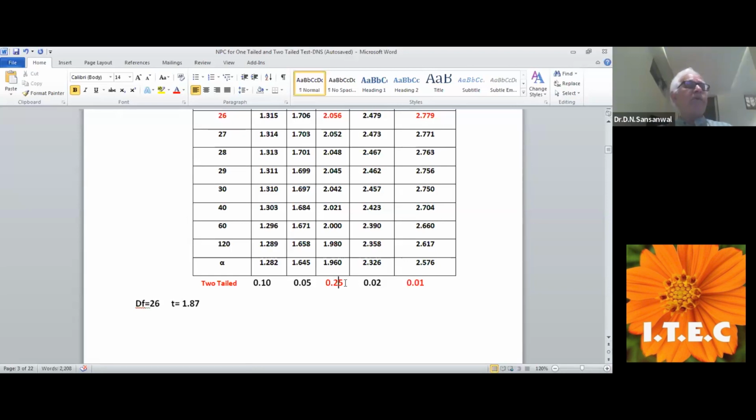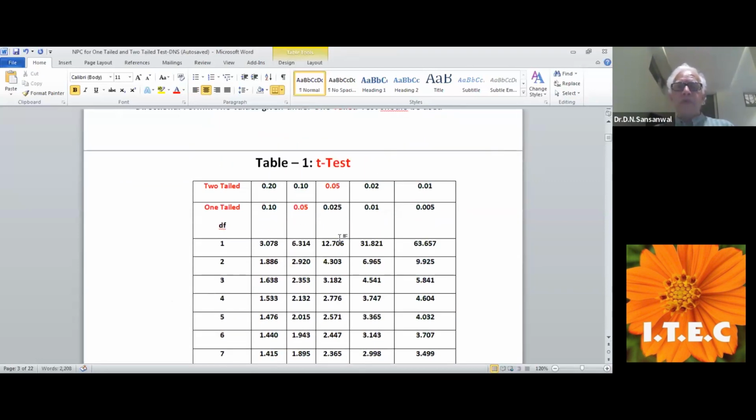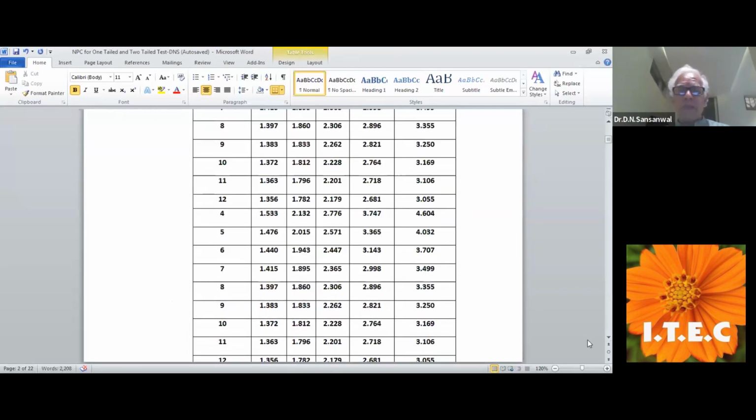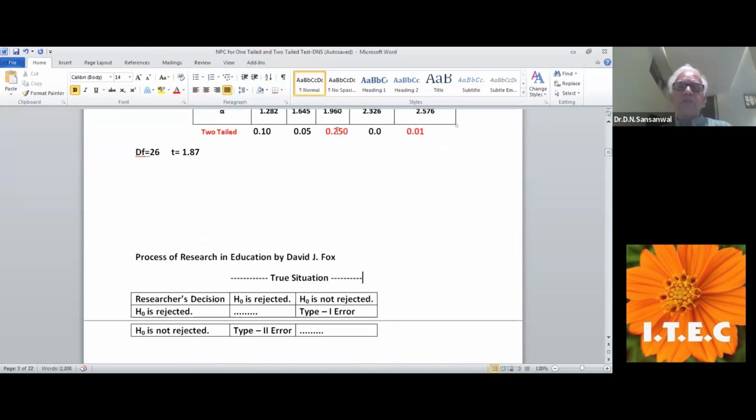Because you divide by 2, 0.05 divided by 2 is 0.025.